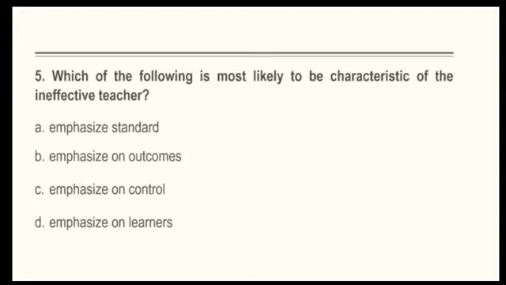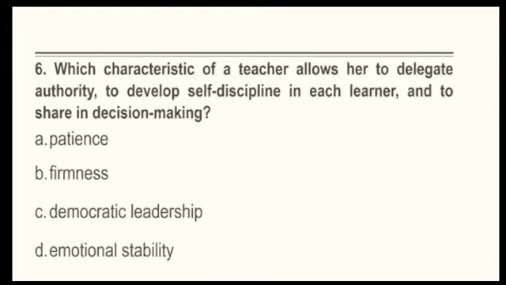Okay, number 5, the answer is letter C. So emphasize on control. If you are very much concerned on control, would there be room for the learners to explore? No. So the answer there is letter C.